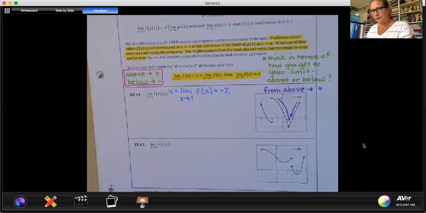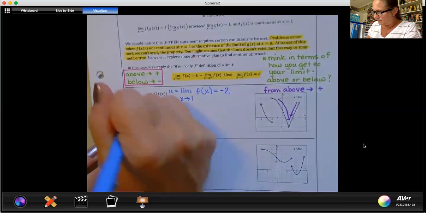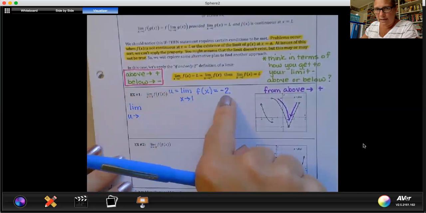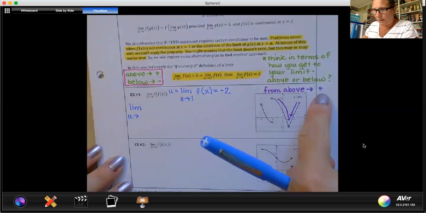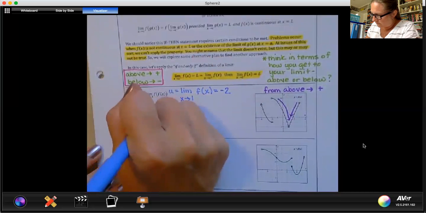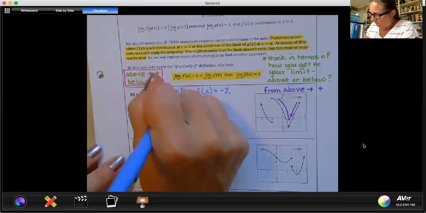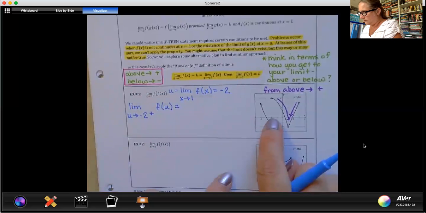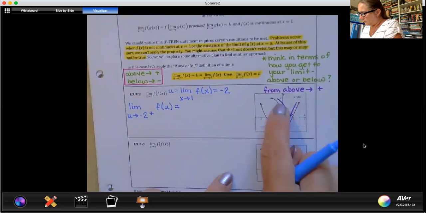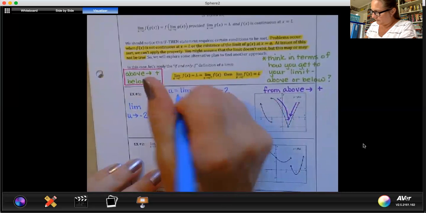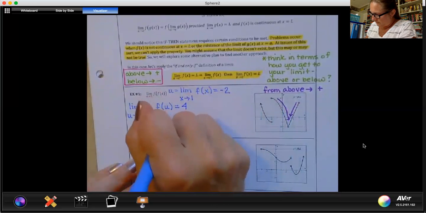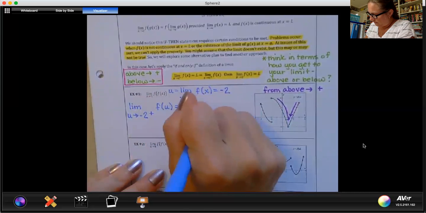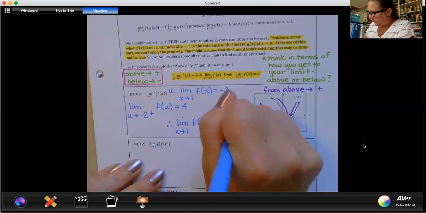Step 2 is to rewrite your limit so that you can find your composition limit: the limit as u approaches -2 from a positive direction of the f of u function, and then we look at our graph for that answer. -2 from the right is +4. Therefore, the limit as x approaches 1 of f of x is equal to 4.